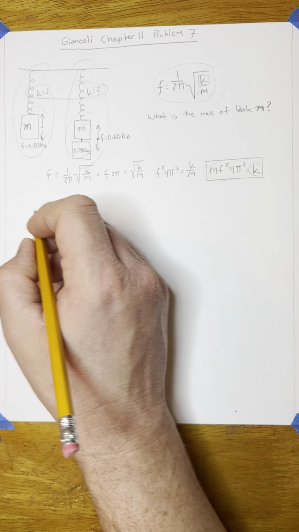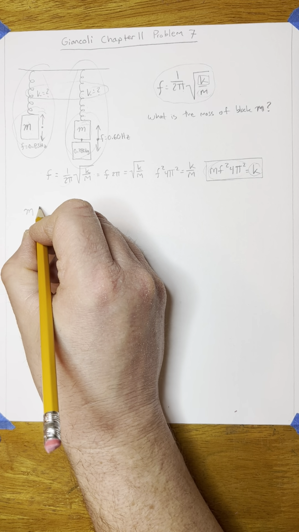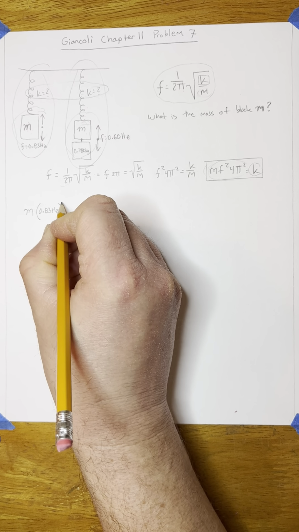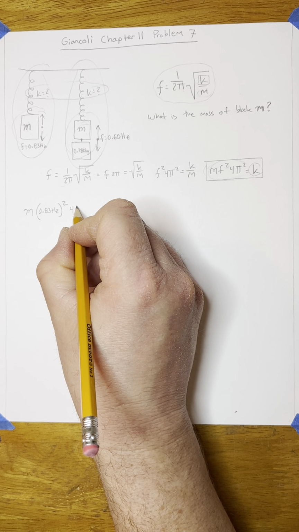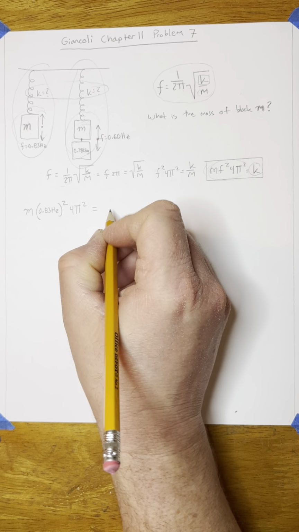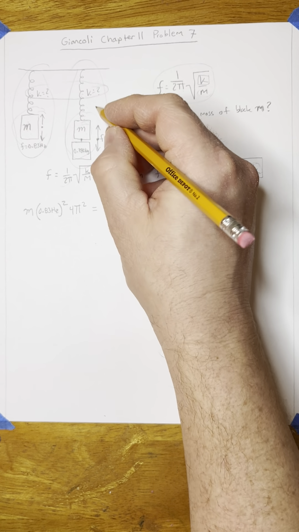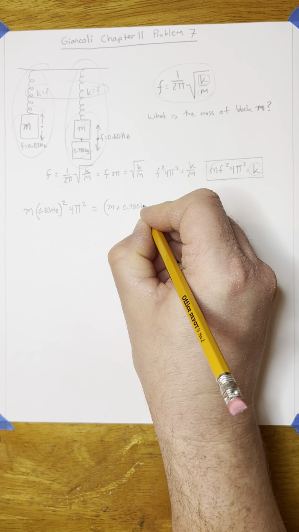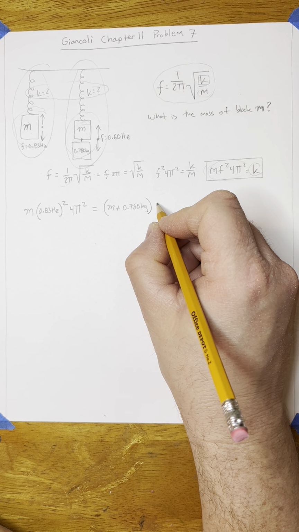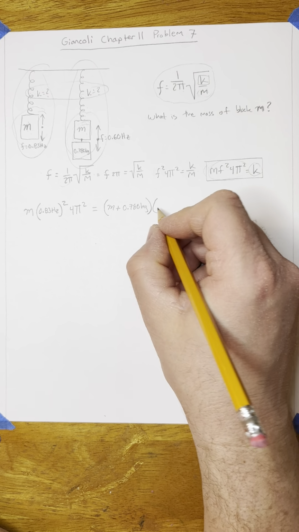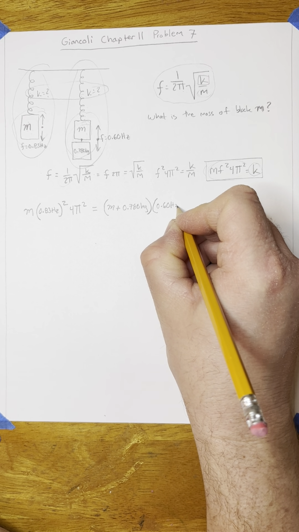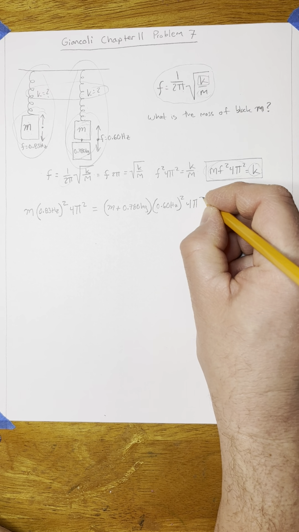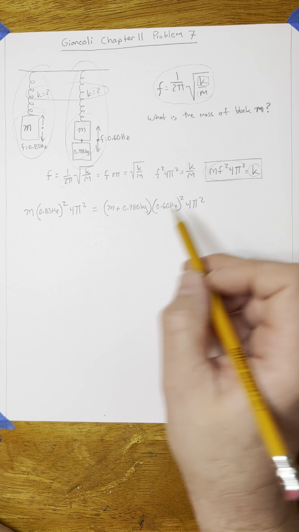So I'm going to write m times 0.83 hertz squared times 4 times pi squared is equal to this system, m plus 0.780 kilograms times the frequency of oscillation here squared, 0.60 hertz squared, times 4 times pi squared.